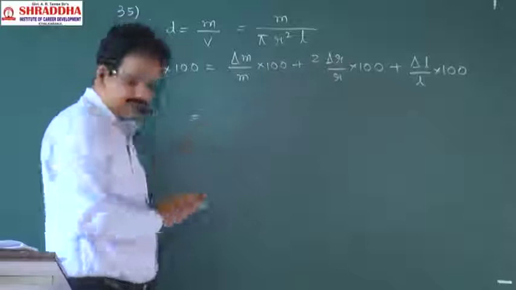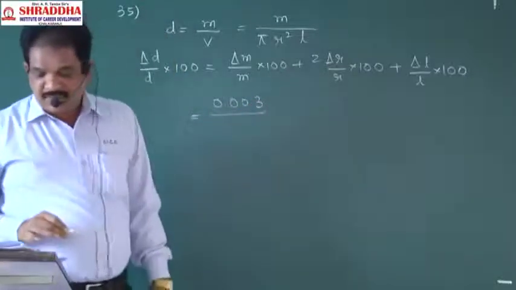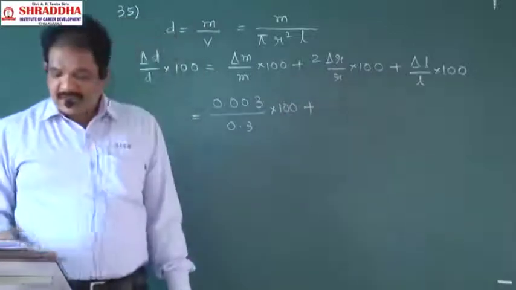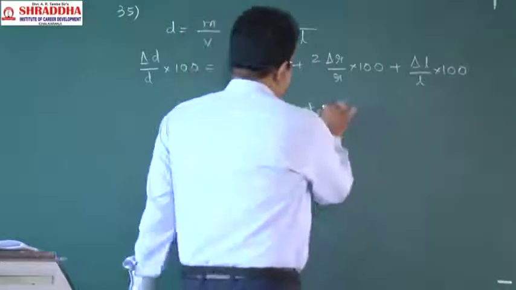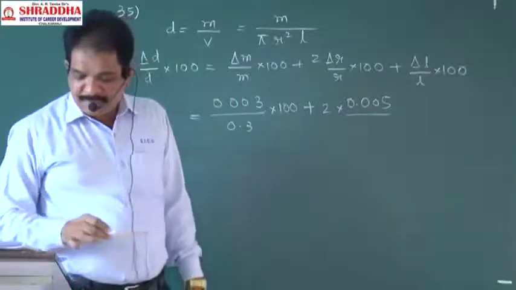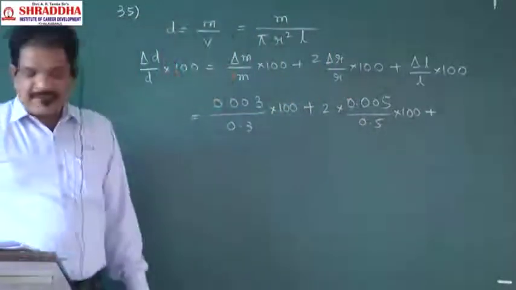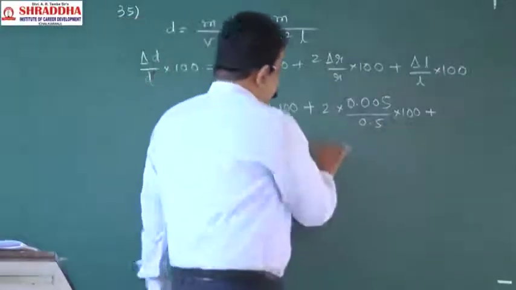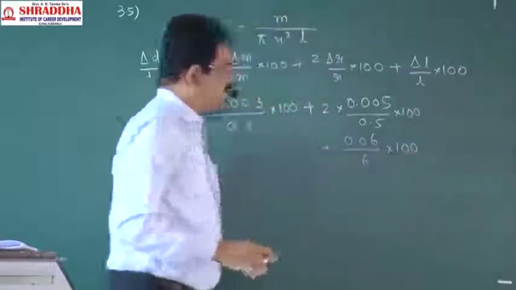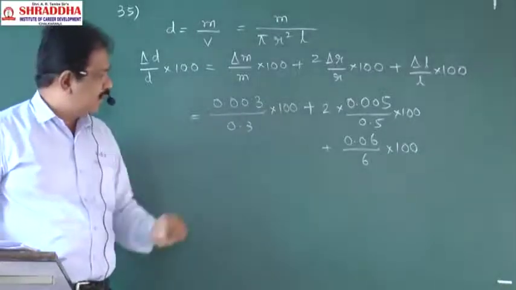Mass, how much they gave? 0.003 by m value will be 0.3, into 100, plus r value they gave 0.005 by r value 0.5, into 100, plus delta L by L into 100, 0.06 by 6 into 100. Clear?